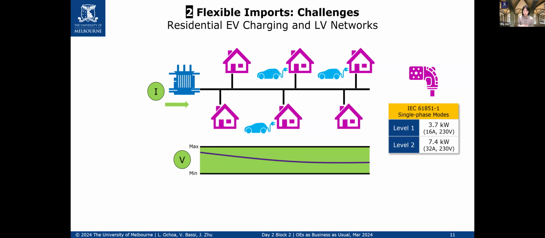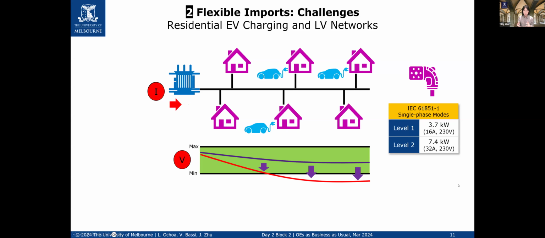By our observation, people start to charge their car when they return home. So now on top of the cooking and heating demand, you have this extra EV charging demand to manage, and it normally happens in the peak hours, which means we have a larger peak demand during those high demand periods.